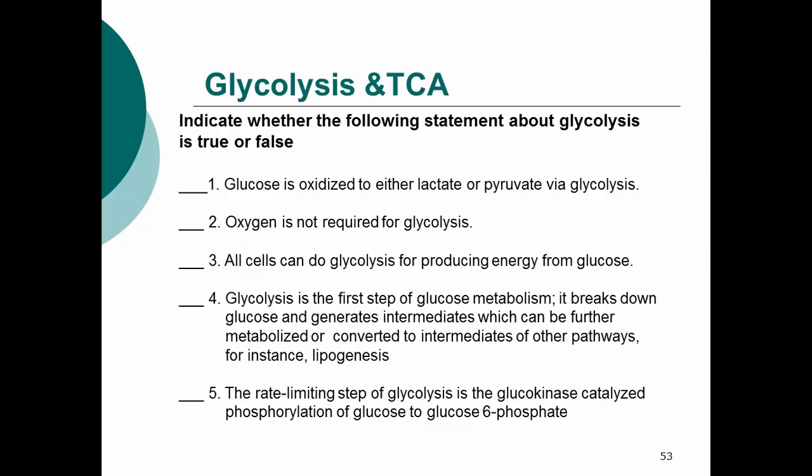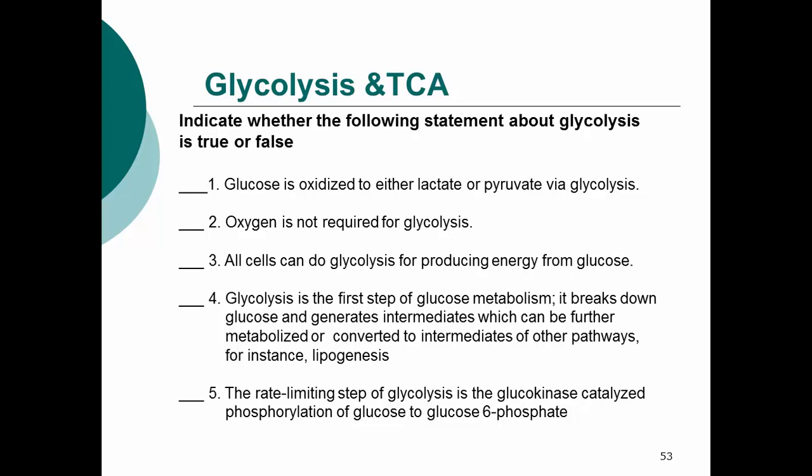Okay, so I think we have some sort of exercise here. So let's do this. In terms of glycolysis and TCA cycles, indicate whether the following statements about glycolysis are true or false. First question: glucose is oxidized to either lactate or pyruvate via glycolysis.